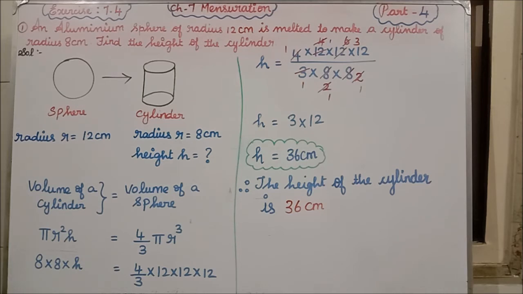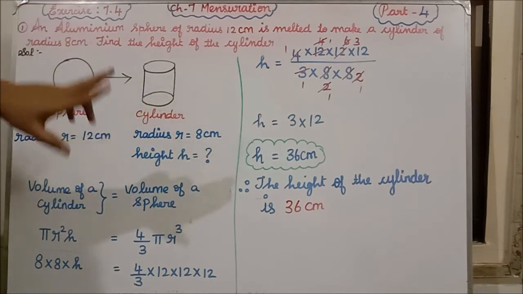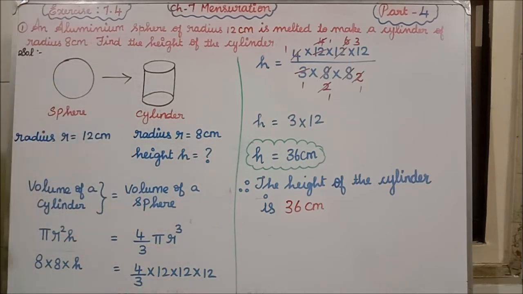Like that we will be doing, but the volume will not be changed. Based on that point only we are going to learn in exercise 7.4. Clear? Once again, tell me what we are going to learn in exercise 7.4. Conversion of solids from one shape to another shape with no change in volume we are going to learn.